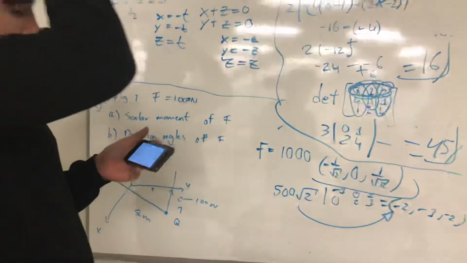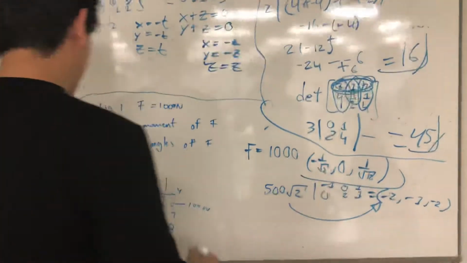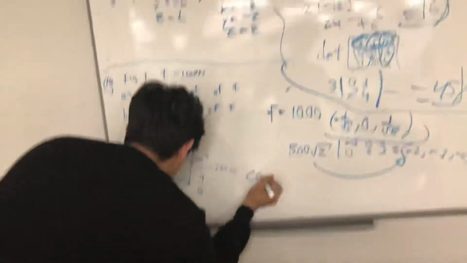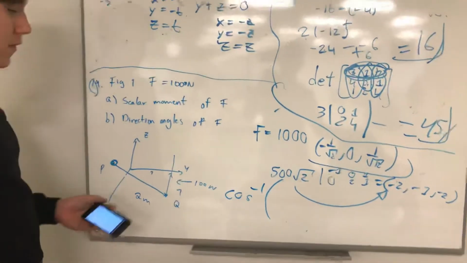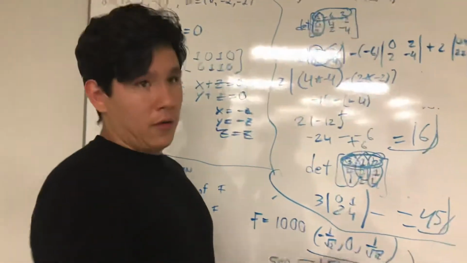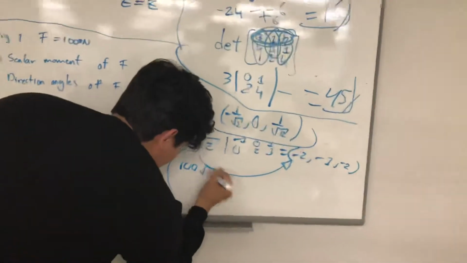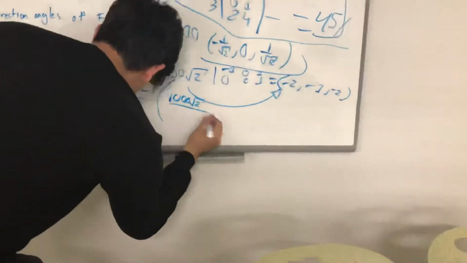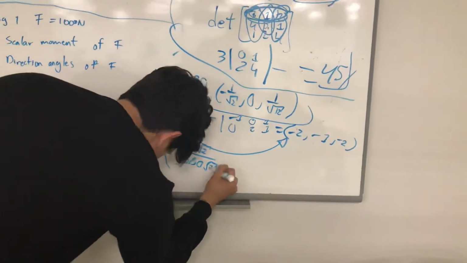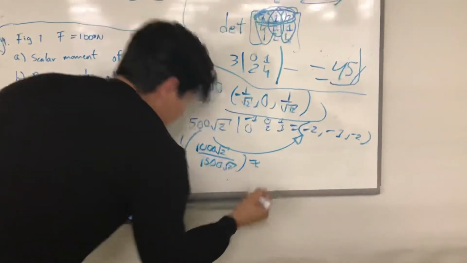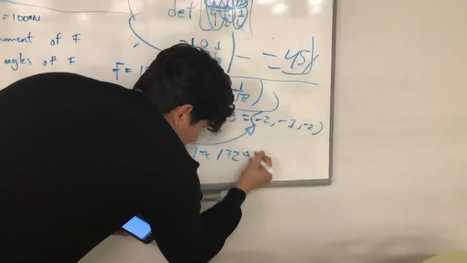So to find the magnitude, we just have to use our cosine rule, in this case cosine inverse, into our angles. In this case our angle will be 1000 square root u divided by 1500 square root u, knowing that this is 132 degrees.